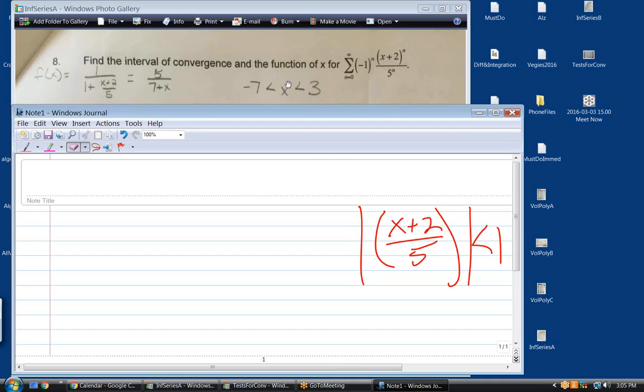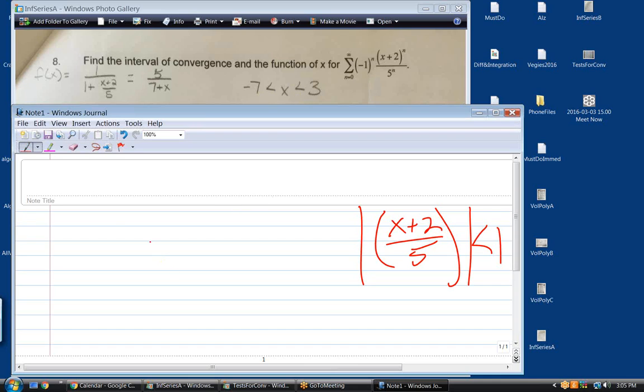Notice that in her solution, that is the case. When x is in this interval from -7 to 3, then the absolute value of that is always less than 1. And so by the geometric series, this would be convergent with that radius of convergence.